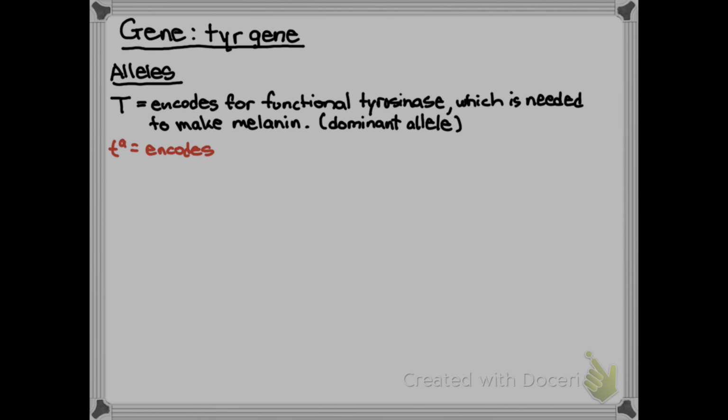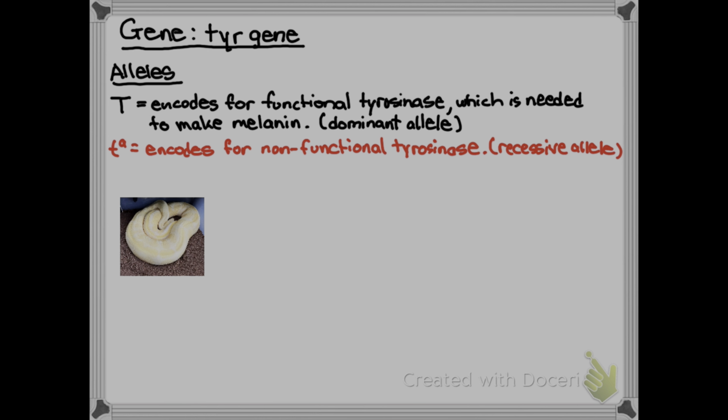And then in red, a lowercase t with the superscript lowercase a, we'll use that to denote the recessive allele, which encodes for non-functional tyrosinase. And of course, non-functional tyrosinase means no melanin being produced.